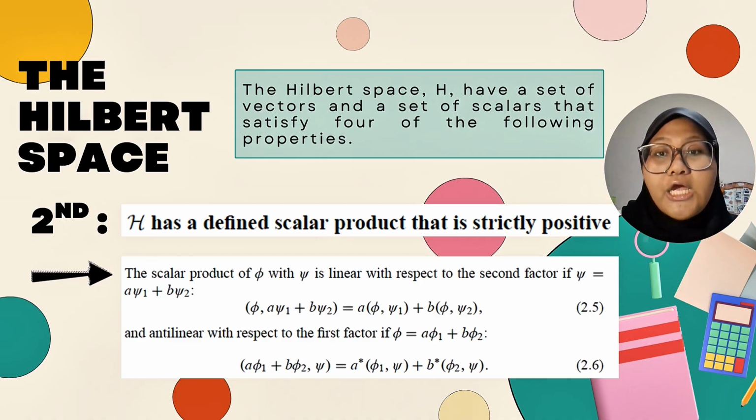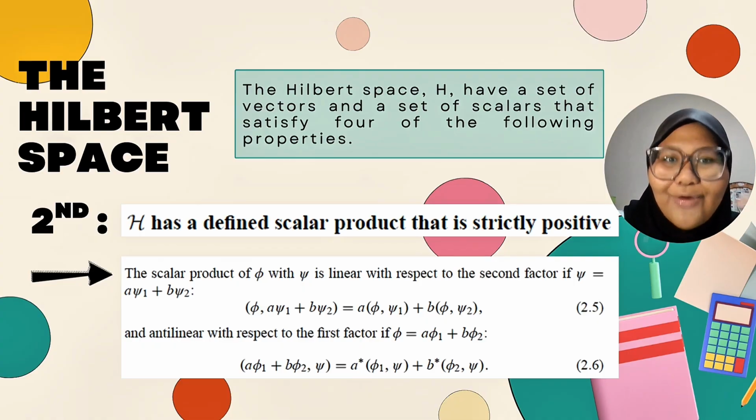In the equation, the bracket phi, a psi 1 plus b psi 2 is equal to a times the bracket phi, psi 1 plus b times the bracket phi, psi 2. It is antilinear with respect to the first factor, if phi is equal to a phi 1 plus b phi 2, which in the bracket a phi 1 plus b phi 2, psi is equal to a complex conjugate times phi 1, psi plus b complex conjugate times phi 2, psi.